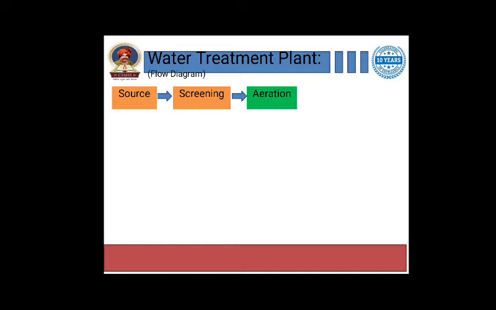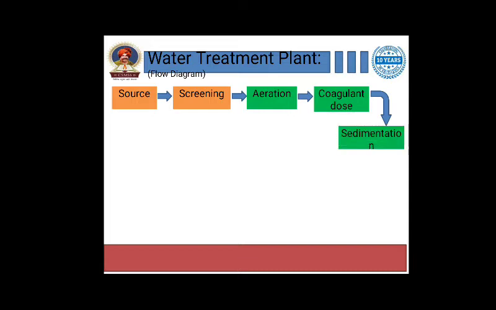Then aeration will improve the oxygen in the water, kill the pathogenic bacteria in the water, and help in the purification of the water. Then coagulant dose: we have to add these doses to settle down the non-dissolving particles or colloidal particles in the water; to segregate them we have to add the coagulant dose.